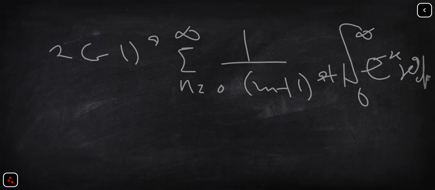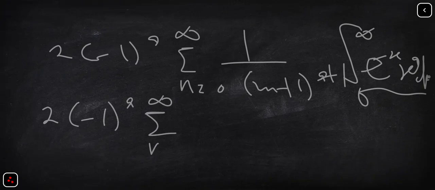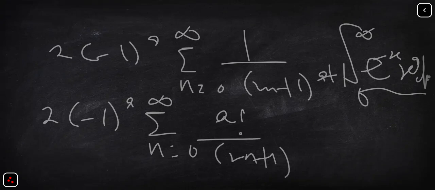So this is just a factorial. Don't forget, I solved that yesterday in my video. You can check my previous video on that. So this will be 2 multiplied by minus 1 raised to the power of a multiplied by the sum of n from 0 to infinity of a factorial over 2n plus 1 raised to the power of a plus 1.